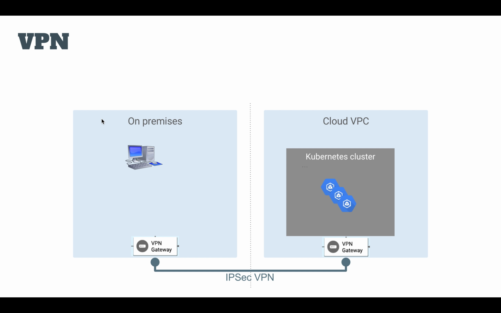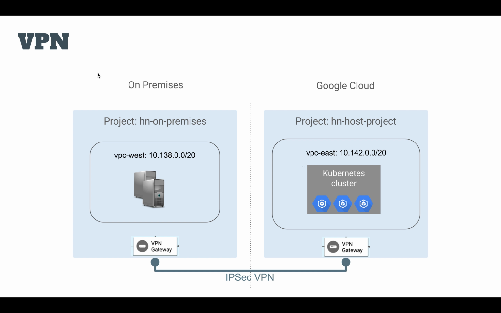If I want to simulate this environment, I have two projects running in Google Cloud Platform. One is simulating my on-premise environment, called hn-on-premises. And I have my other Google Cloud project called hn-host-project, which is basically my cloud project in this example.